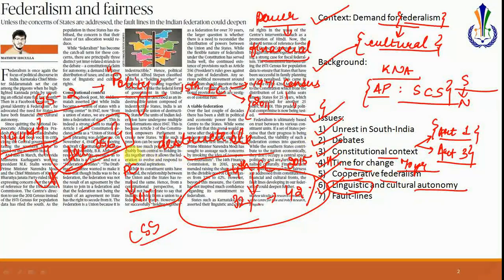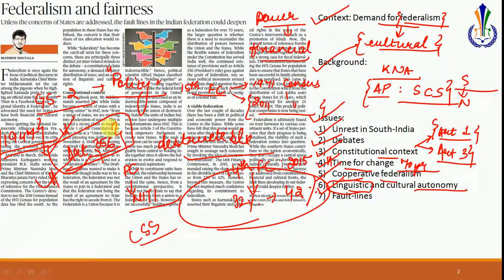Now, when India got independence in the year 1947, at that point of time, people's primary concern was freedom of the country. At that point of time, people were not demanding much of cultural autonomy. At that time, the aspirations of the citizens were different.